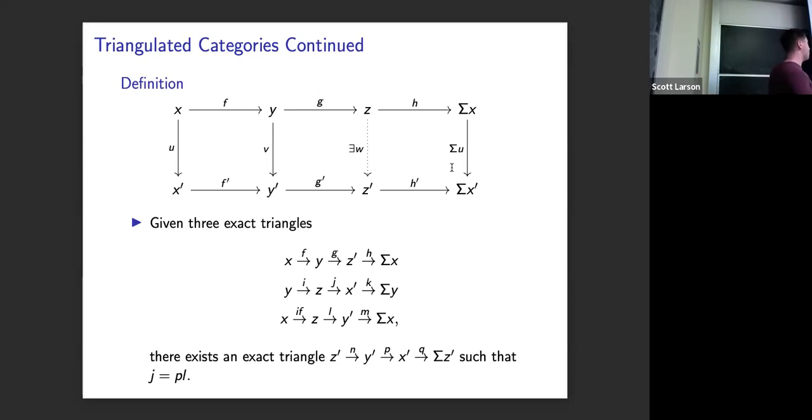And then this last one is pretty notorious. If I was better at TeX, I would have put in the picture, but this is called the octahedral axiom. Essentially, if you have these three triangles, then you can get a fourth one in this way. And if you draw them all out, it looks like an octahedron, but I didn't do that.